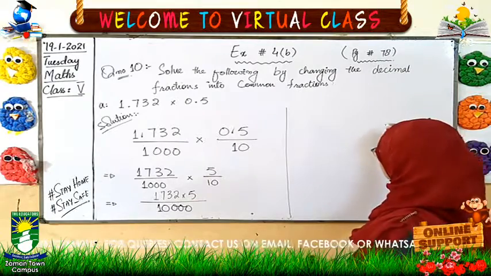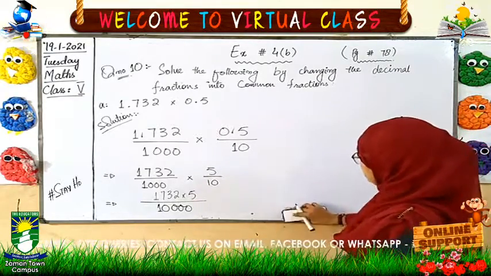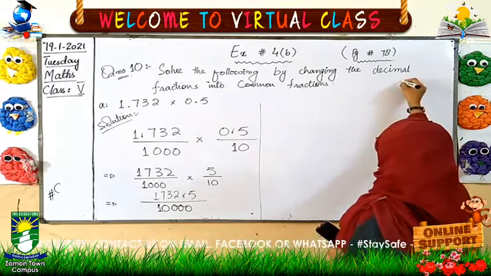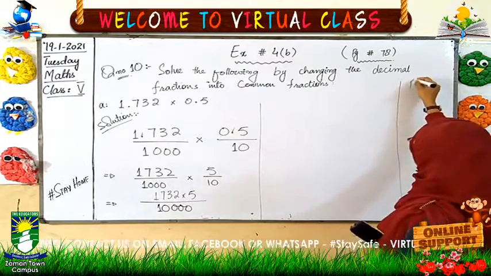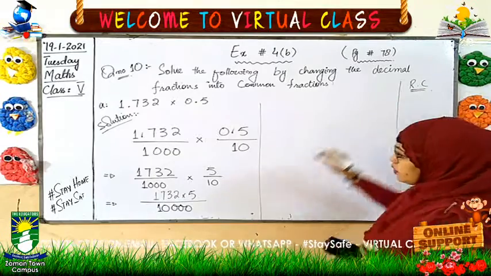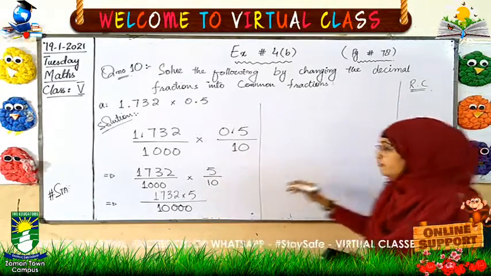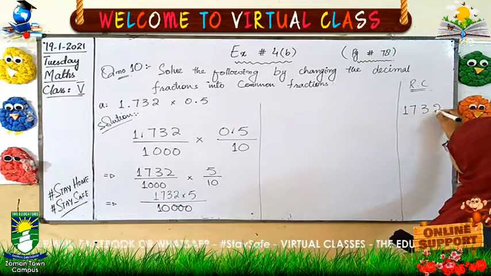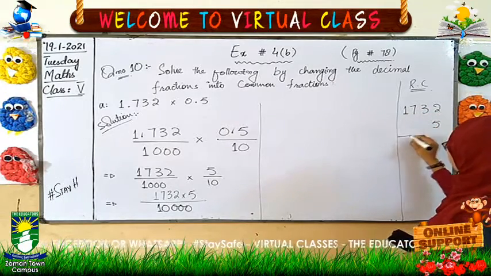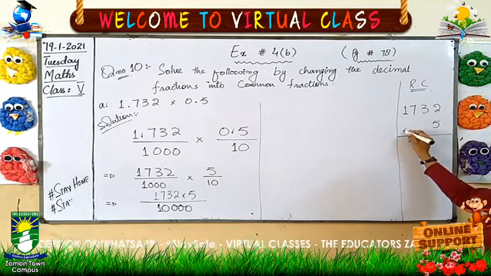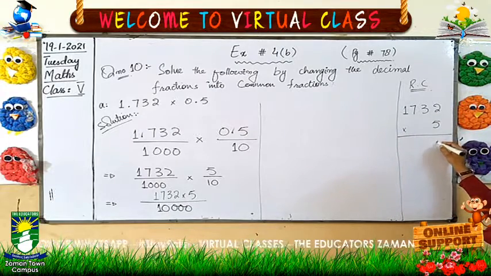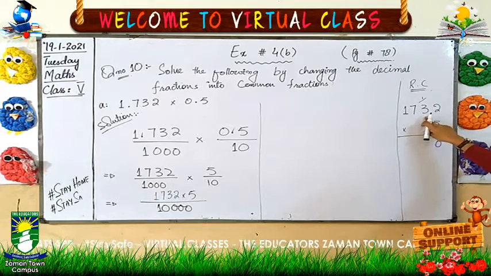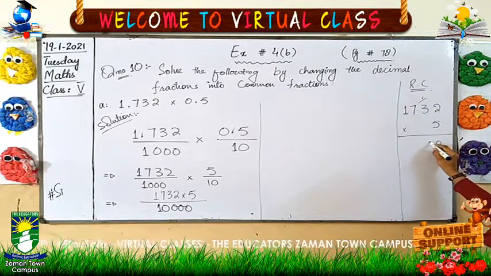Now we are making a rough column, and in our rough column we will multiply these values. 1732 multiplied by 5. 5 twos are 10, we write 0 and 1 is carried. 5 threes are 15 plus 1 is 16.